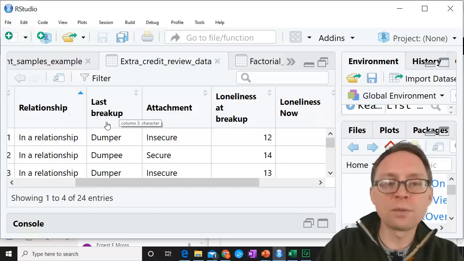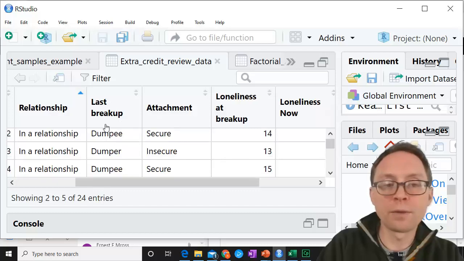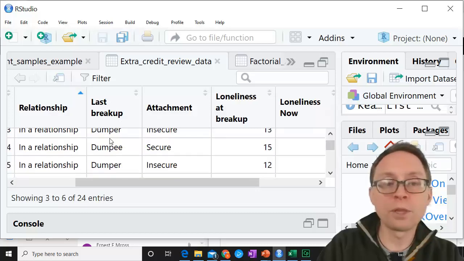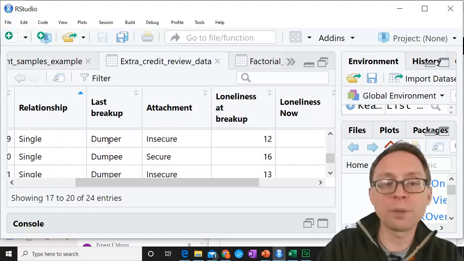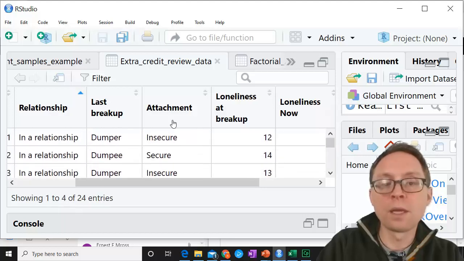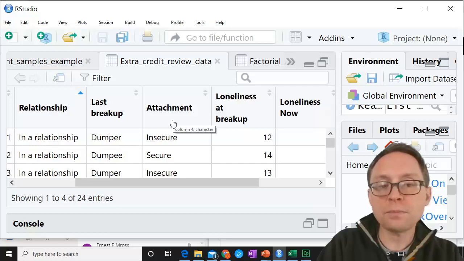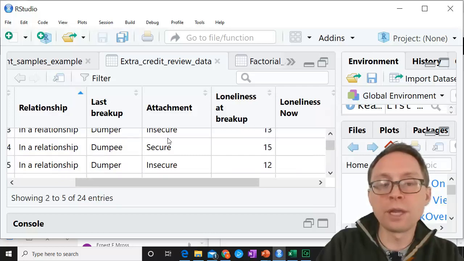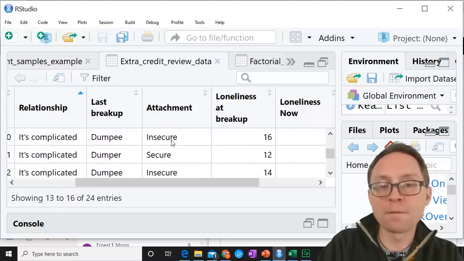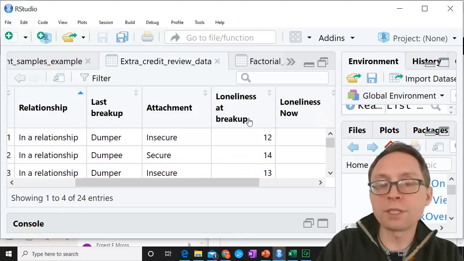Here's another variable. During your last breakup, were you the dumper or the dumpee? Right? So last breakup is the variable. The levels are dumper and dumpee. Attachment is a separate variable. You can be either insecure or secure. Then over here I have loneliness at the time of breakup.